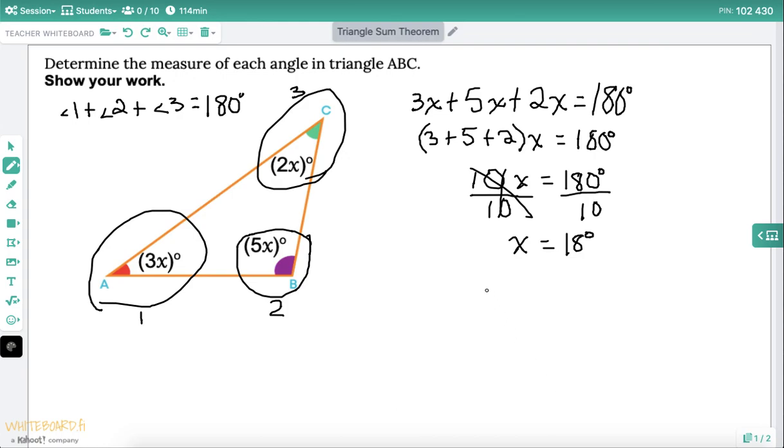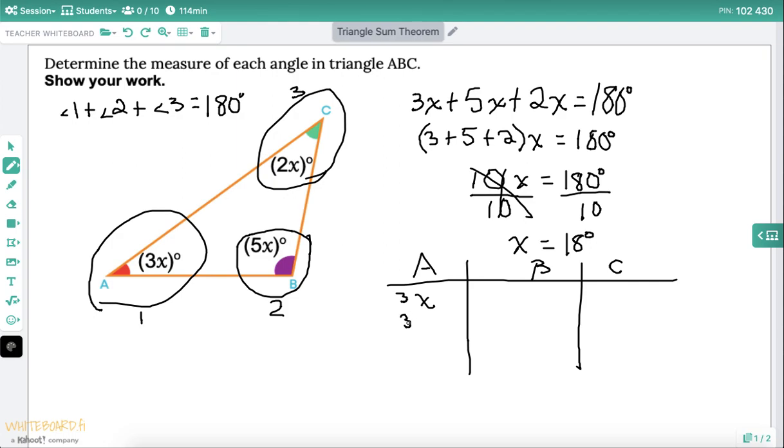So now it's simple because we know what angle A, angle B, and angle C are. Right, so let's divvy this up. I'm going to do angle A over here, angle B over here, and angle C over here. Angle A is 3x. We know now that x is 18, so x is going to be substituted by 18. And 3 times 18 is 54.